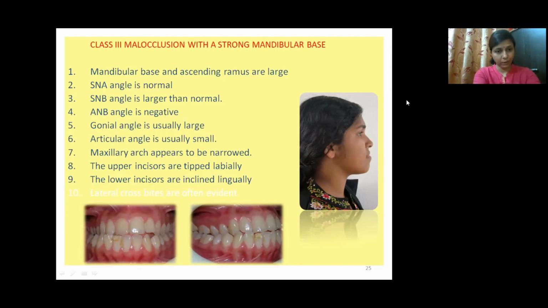The articular angle is usually small, and the maxillary arch appears to be narrowed. The upper incisors will be tipped labially, and the lower incisors will tip lingually as nature's compensation. In those cases, lateral cross bites may also be evident.